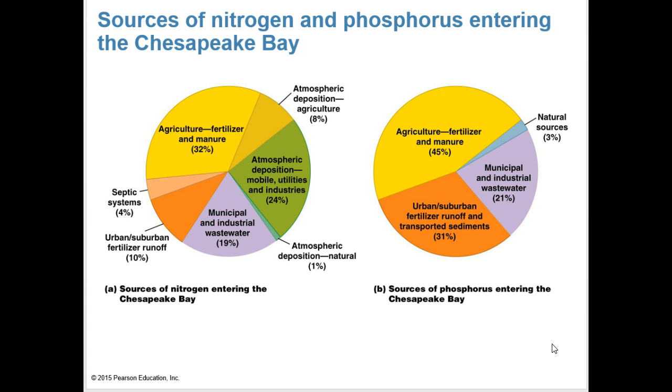Here are some sources of nitrogen and phosphorus that enter the Chesapeake Bay, whether it be agriculture, from fertilizer and manure, from industrial wastewater, from urban and suburban fertilizer runoff. Either way, there's just too much nitrogen and phosphorus.